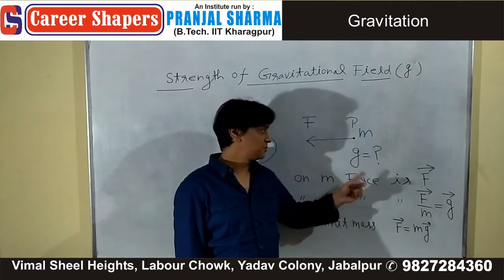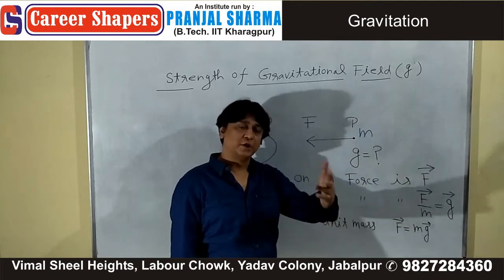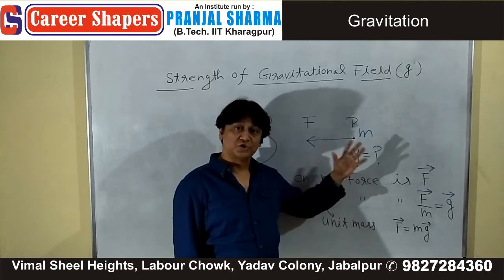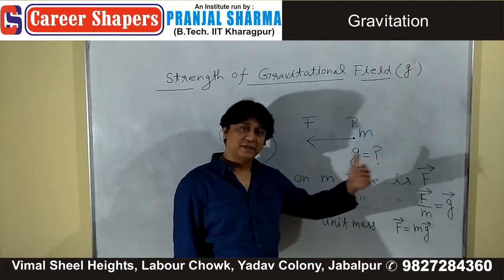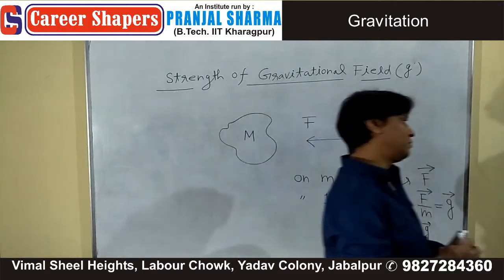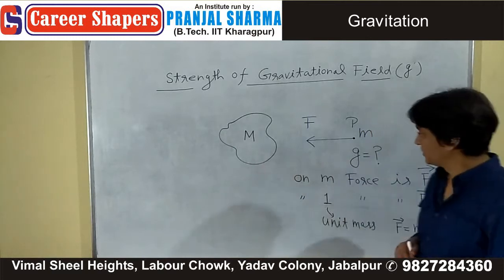You came, you removed the notice, and you said that at this point g is 5. That's what g means. Now, it gives you an easy way to calculate force. Once you have force on unit mass, you can calculate it for any mass.